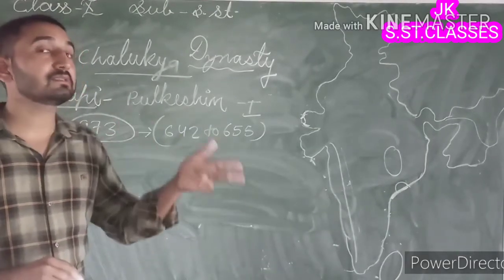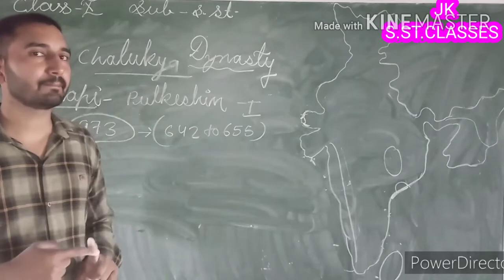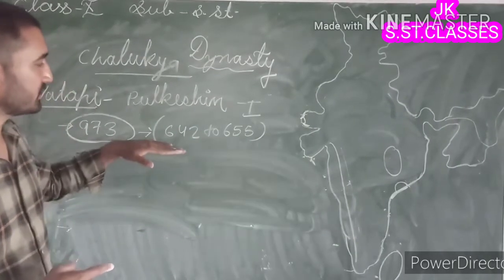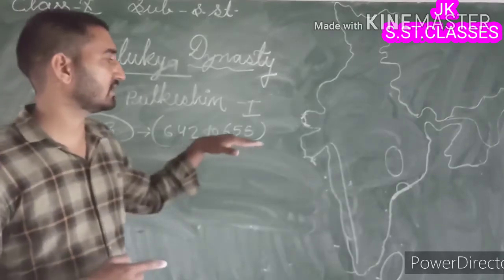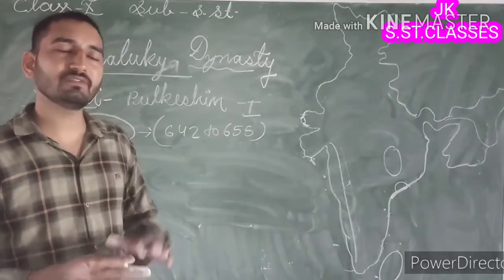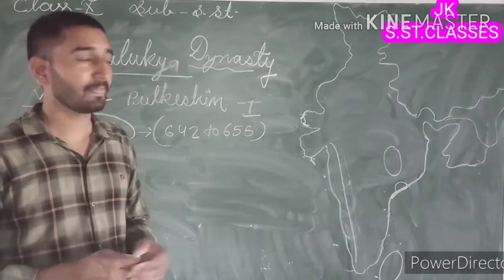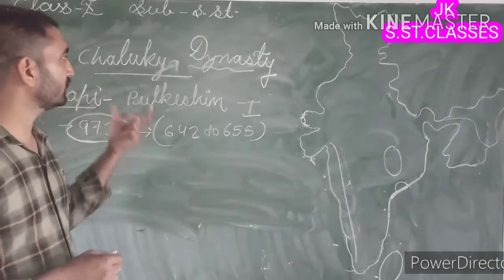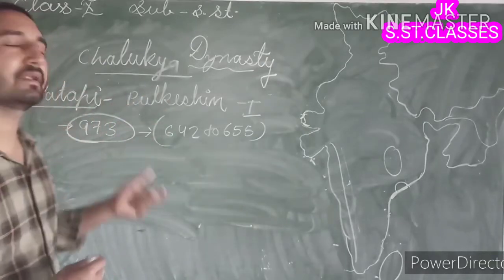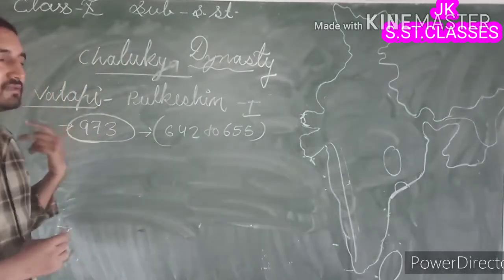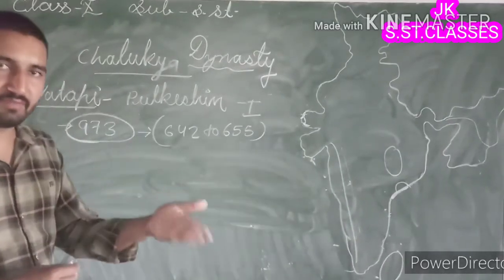Pulkesin II was defeated by Narasimhavarman I, and in this way from 642 to 655, the Vatapi region was under the dominance of Pallavas. Except for that, Vatapi was under the control of Chalukyas and they ruled till 973 Common Era. After that, a new dynasty was founded, known as Chalukyas of Kalyani.